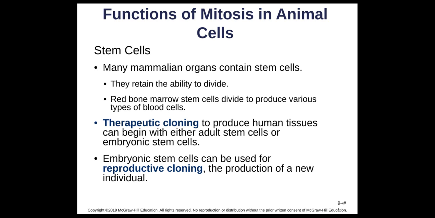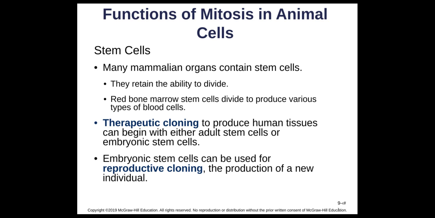For example, red bone marrow stem cells produce all kinds of types of blood cells. So there was a push in the 1990s to do a lot of stem cell research that has, in more recent times, gotten a lot of backlash.